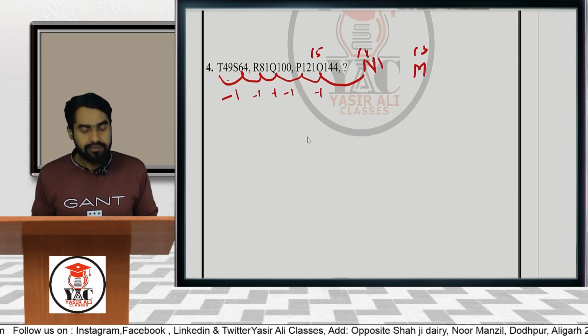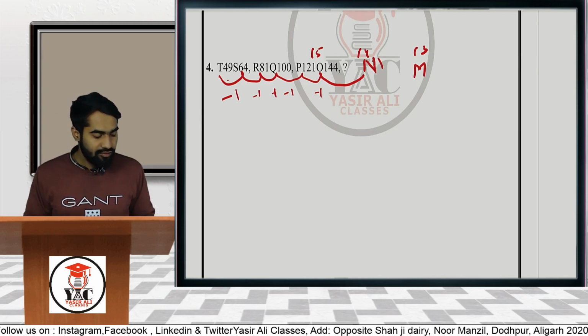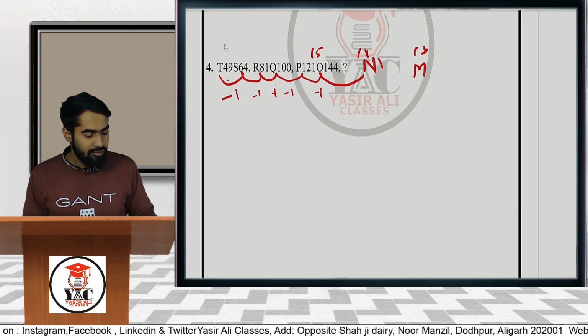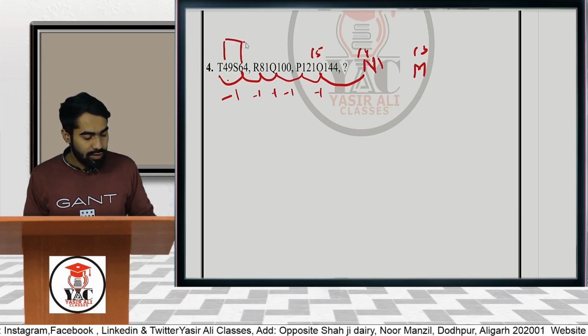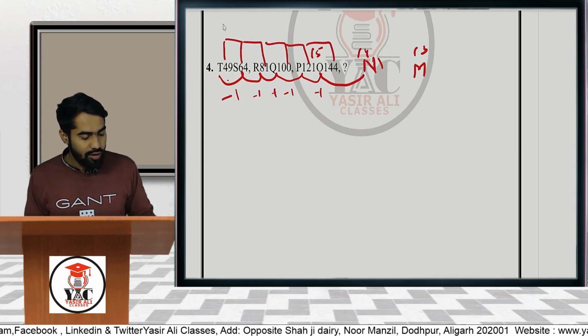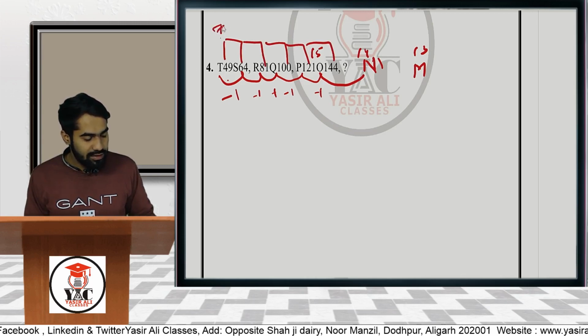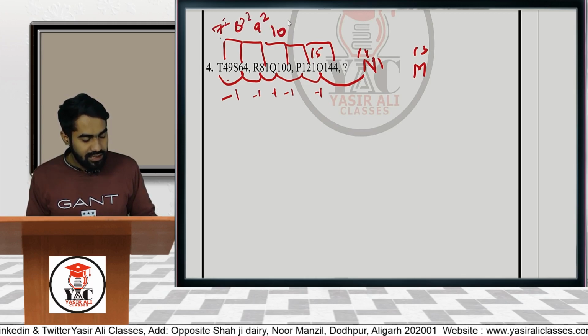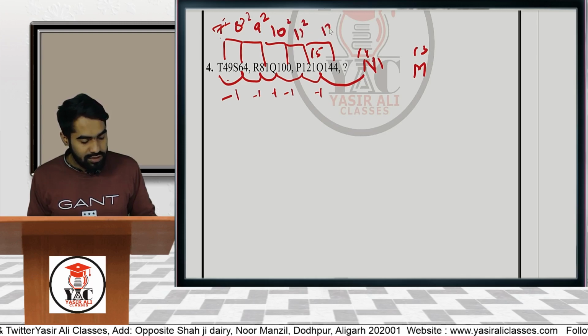So is it right? Now what is the relation between the numbers? If you see here, 49 and 64, 81, 100, 121 and 144. 49 is the square of 7, 64 is the square of 8, 81 is the square of 9, 100 is the square of 10, 121 is the square of 11, 144 is the square of 12.